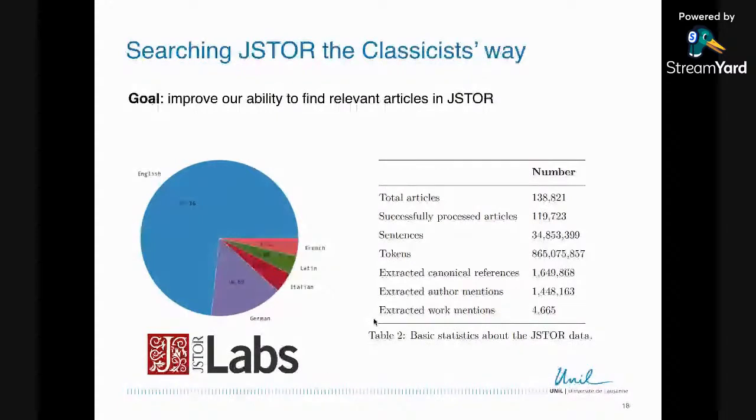Of course, this doesn't match the reality of classical philology, where publications are more spread across other very important languages, like German, French, and Italian. So there is a certain bias that one should be aware of, especially when using this data to make some conclusions about, or do some research about, receptions, where we are looking especially at reception in English-speaking literature.